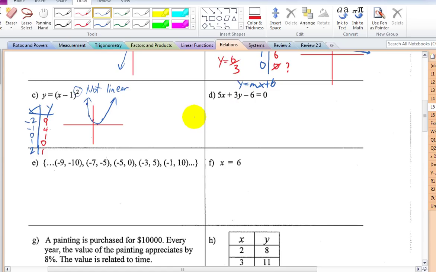Move the 6 or -6 and move the plus 5x. So you should get y equals -5/3 x plus 2.